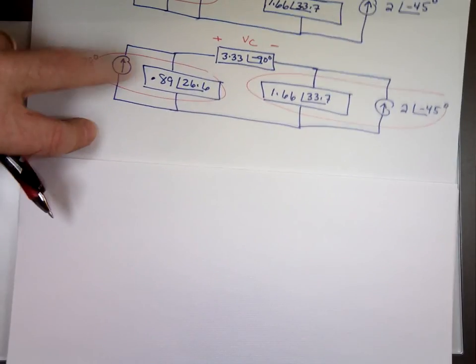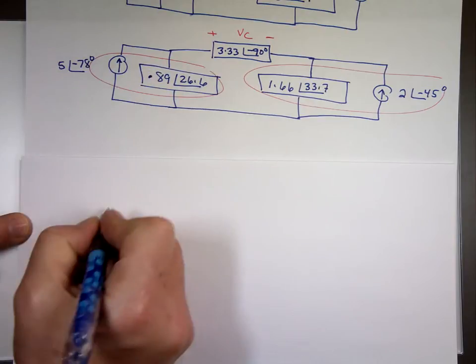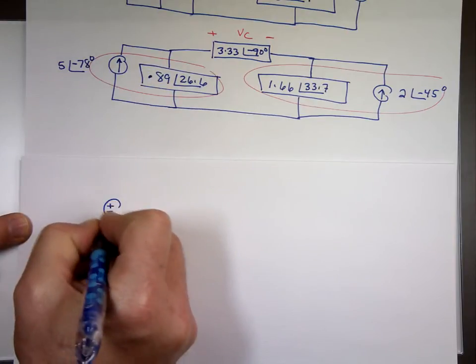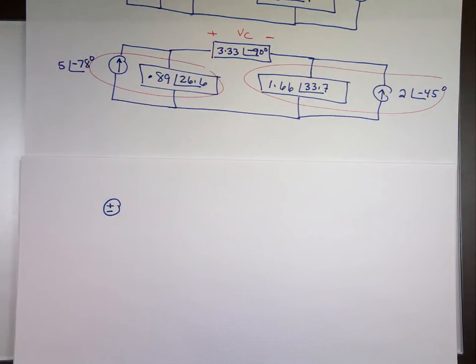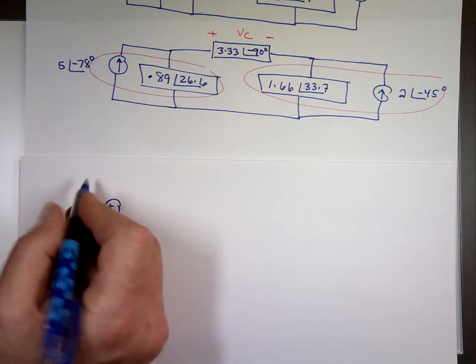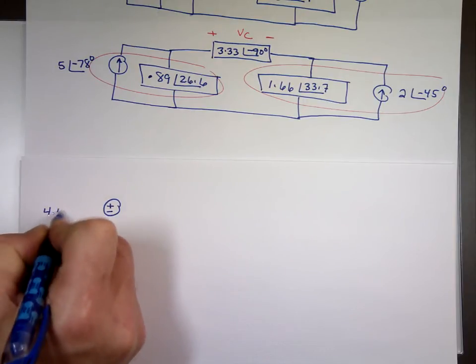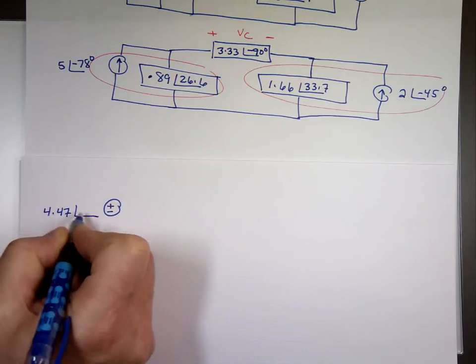So this will be a voltage source. The value of that is the product of these two, times 5 angle negative 78, 4.47 angle negative 51.4.